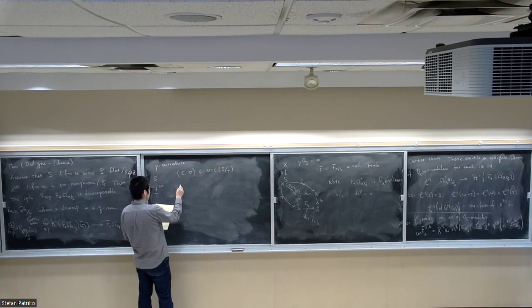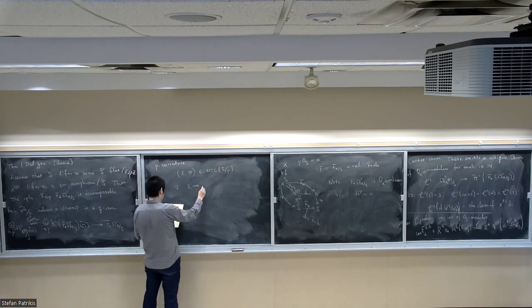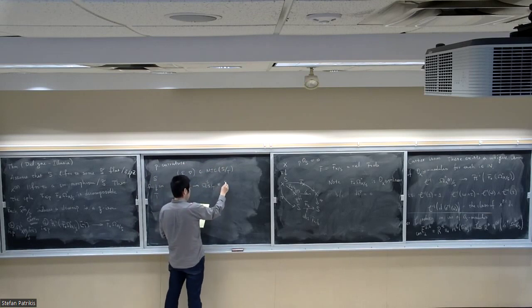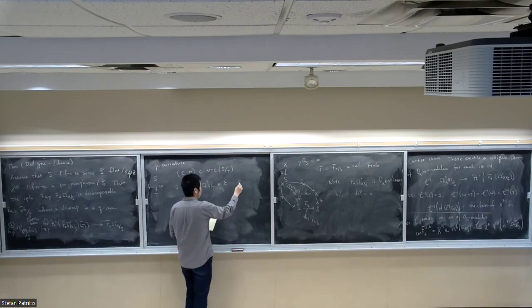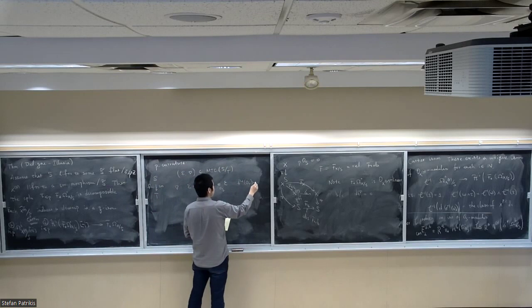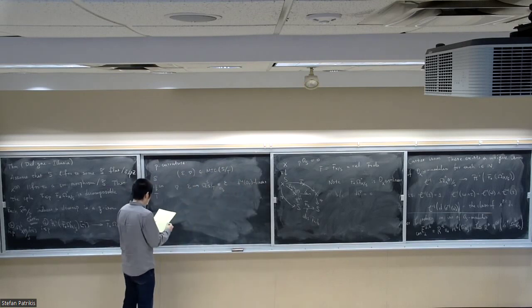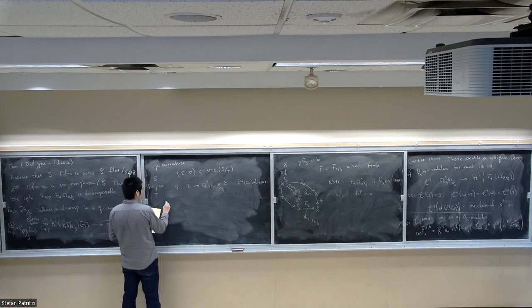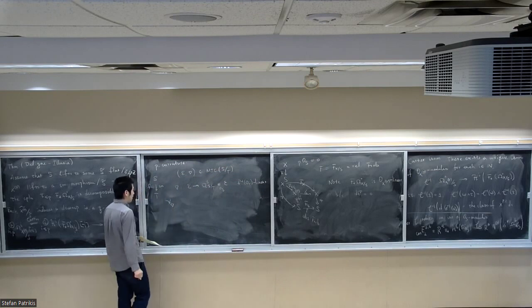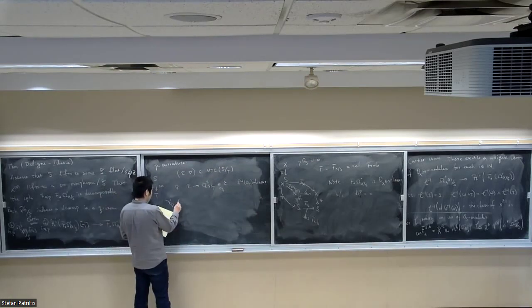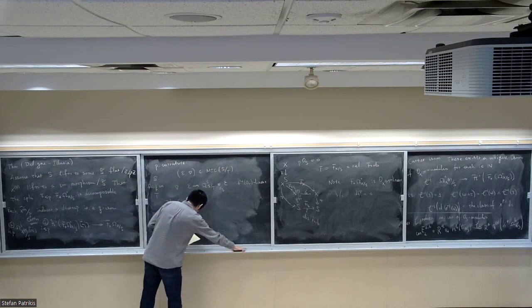Then recall that this nabla is OT linear. But from this nabla, we can define a morphism denoted by psi.